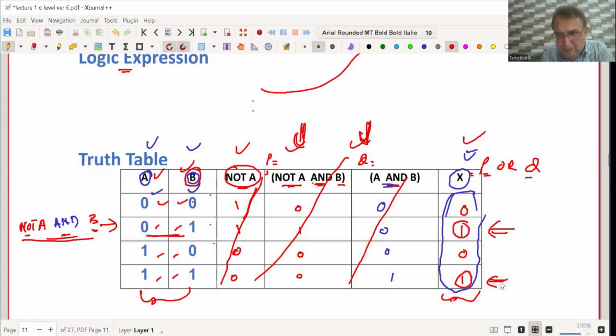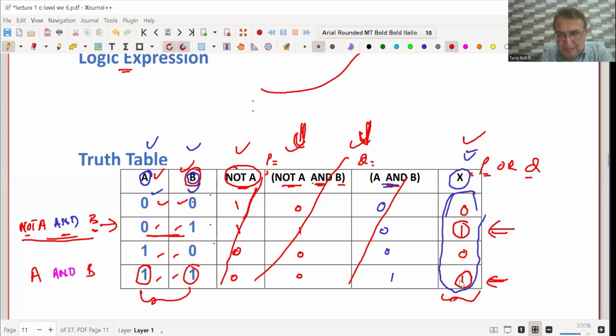And similarly, you can develop the sub-expression against this one. This is where both A and B are 1. So the product term will be built connecting the input variables with AND, and this is A and this is B.